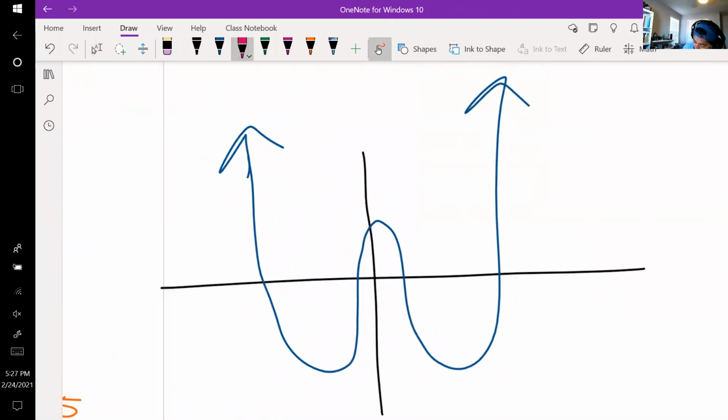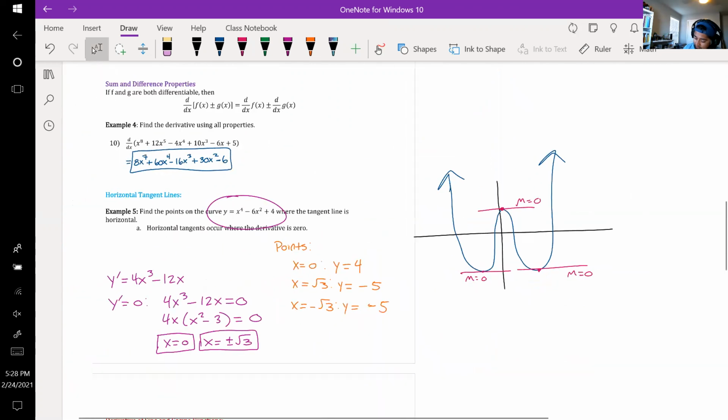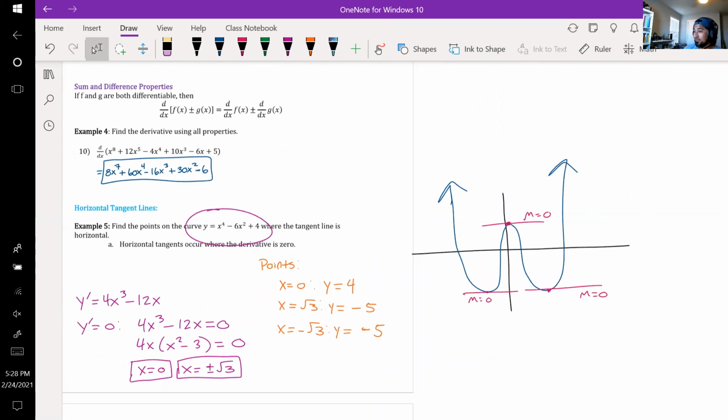So at this point, you would have a horizontal tangent line. At this point, you would have a horizontal tangent line. And at this point, you would also have a horizontal tangent line, which all of these have a slope of 0. That's pretty cool, huh?